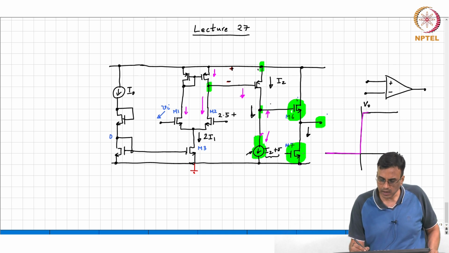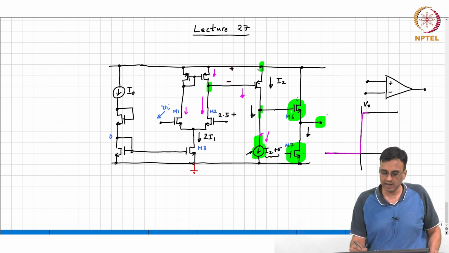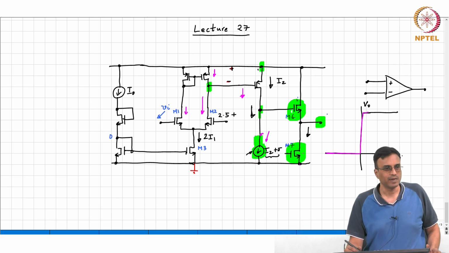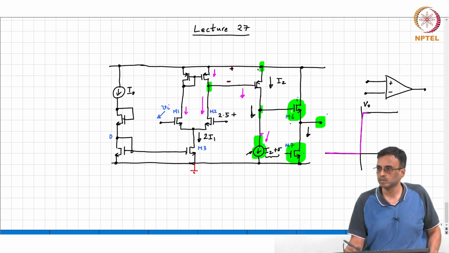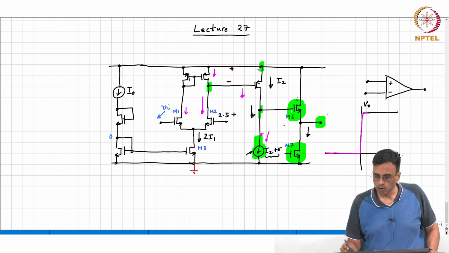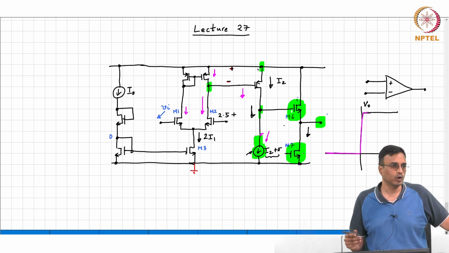So this node voltage will go up, eventually pushing this PMOS transistor into the triode region. So the gate of M6 will have a potential close to VDD. So the output voltage will go to roughly VDD minus VT. Is this clear?